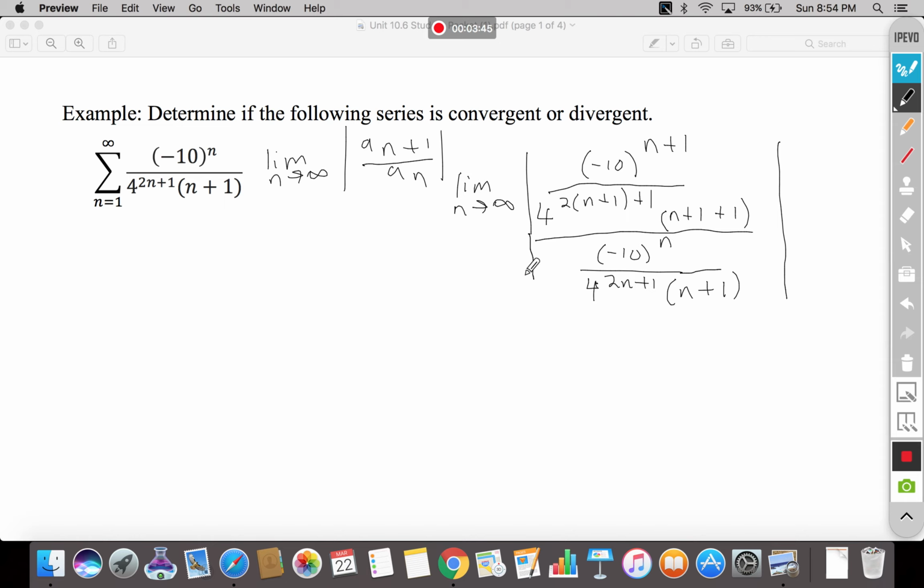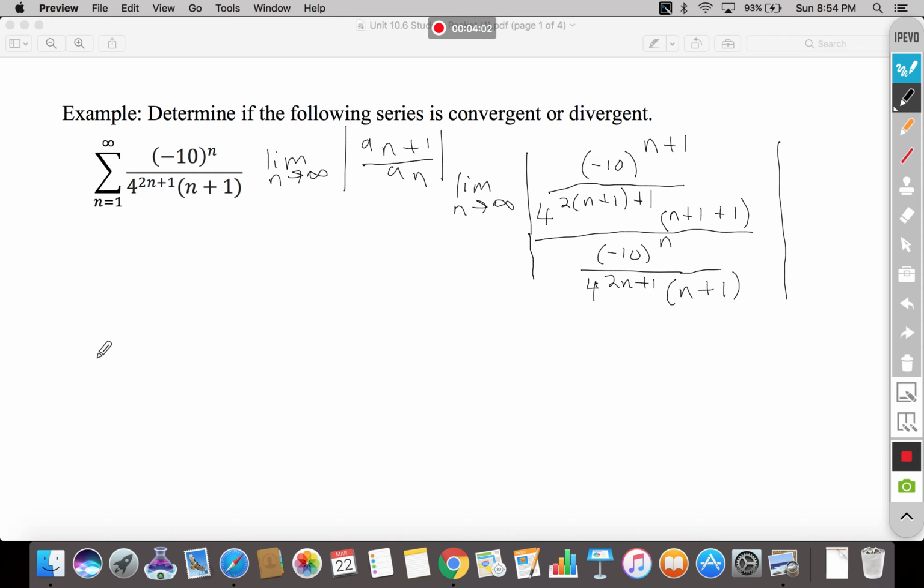Looks really messy, so usually what you'll see people immediately do is this. We're dividing by some big thing here, so what we're really doing is multiplying by the reciprocal. We're going to clean up a bunch of stuff up here to make this a little easier, okay?